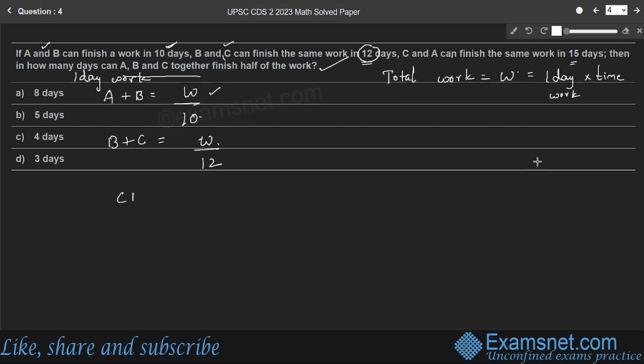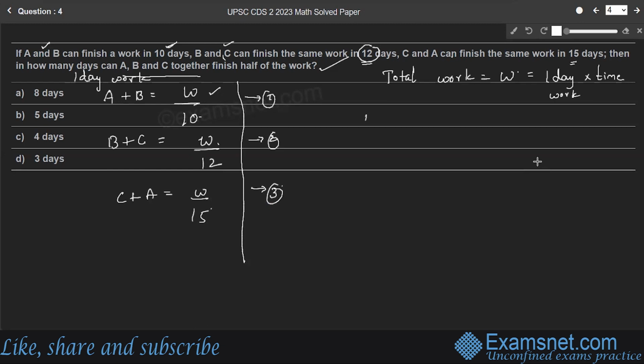Whereas 1 day work of C and A is W by 15. So here, what is the efficiency of A, B, and C separately, or 1 day work done by A, B, and C separately? For that, we'll consider these three equations as equations 1, 2, and 3 respectively.